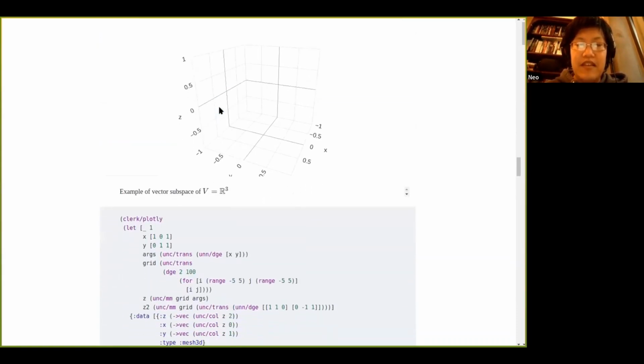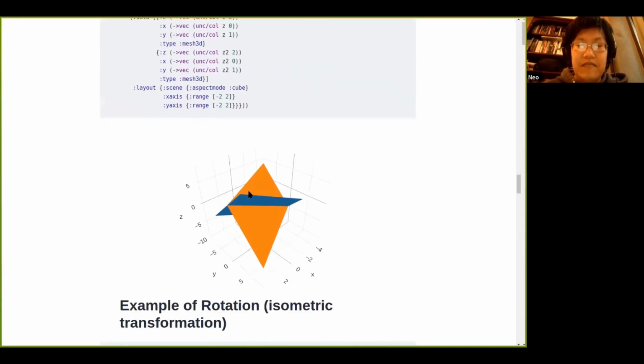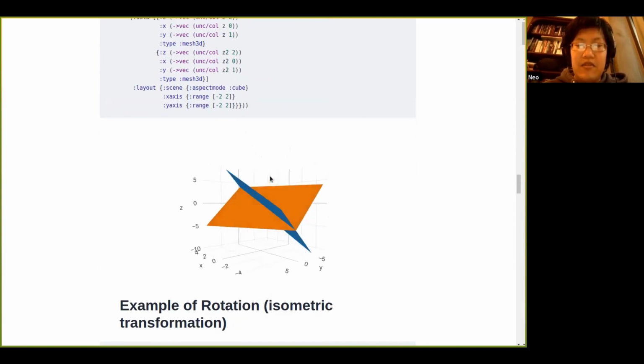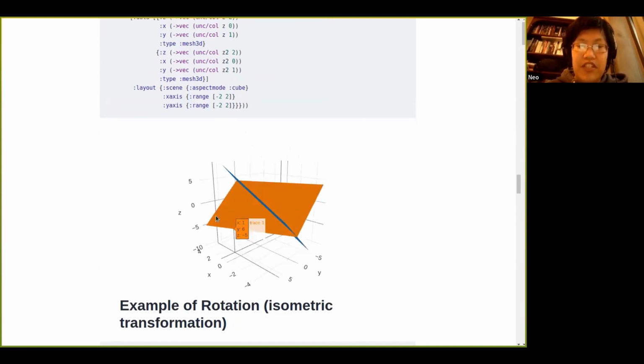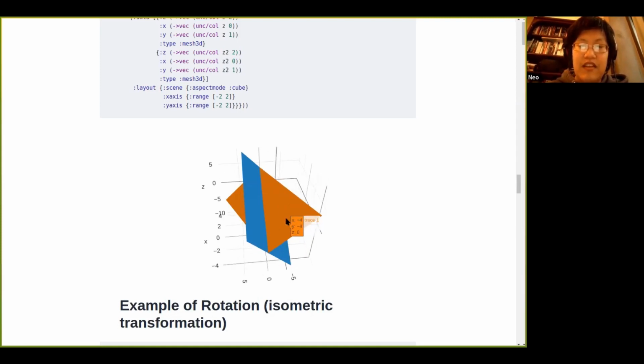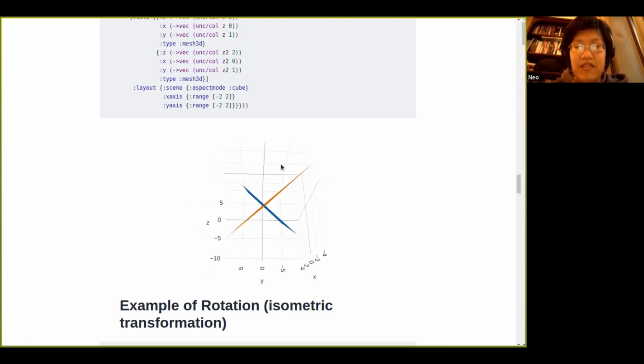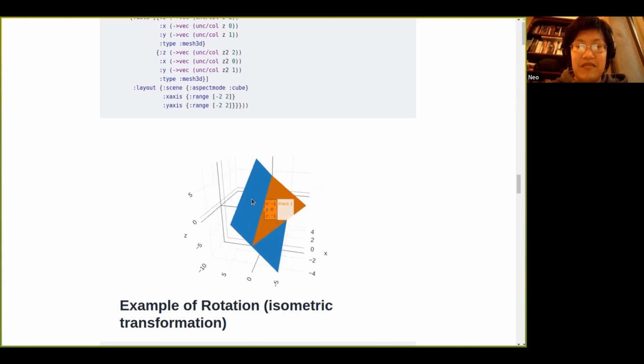As I said, it would be a surface or a line. In this case, you could see that the orange area is a subspace of the volume. If you take any element inside the orange surface and you add them or you scale them, it will still be inside the surface. Same thing with the blue surface here. And you can see they're perpendicular, but that's something different.